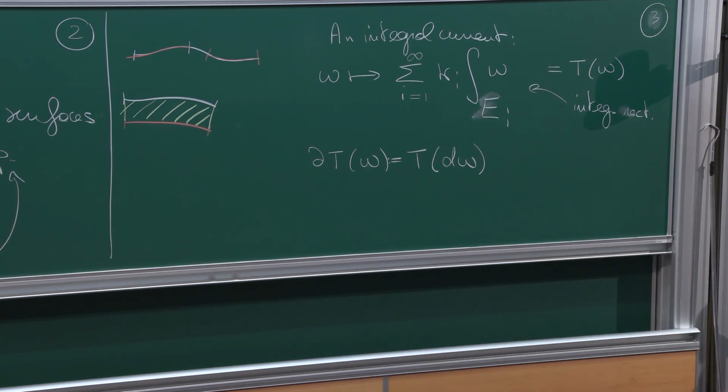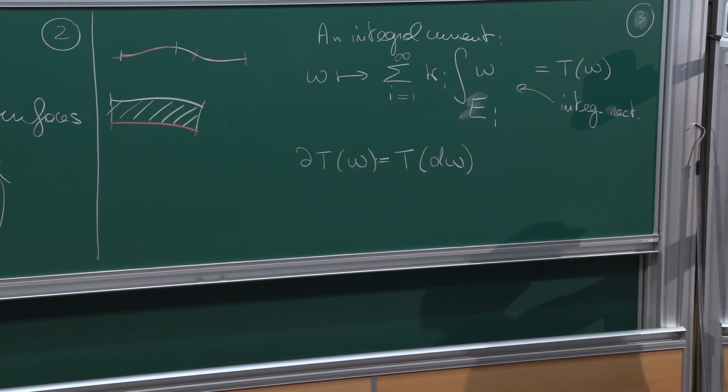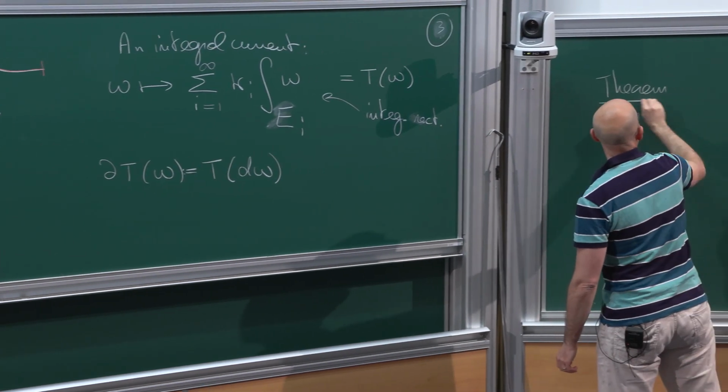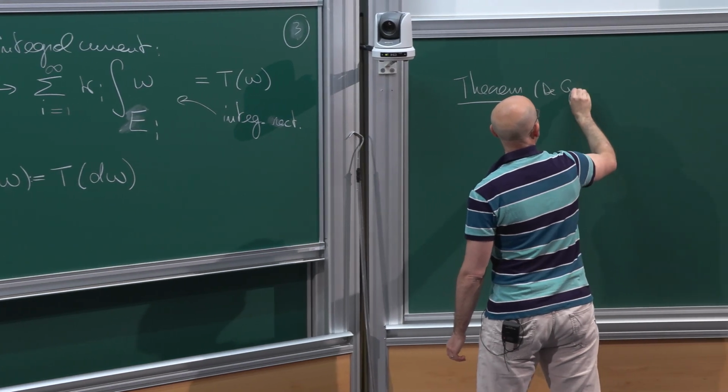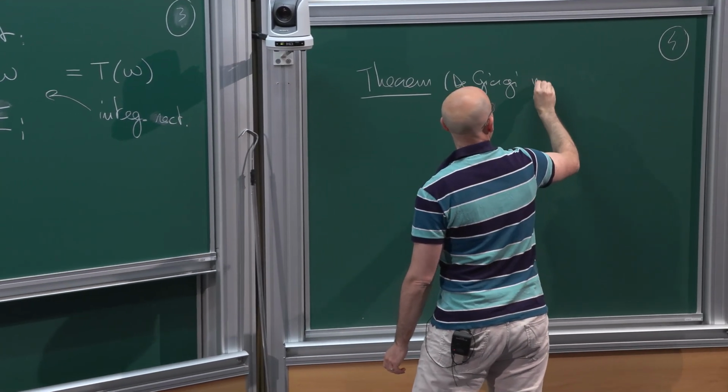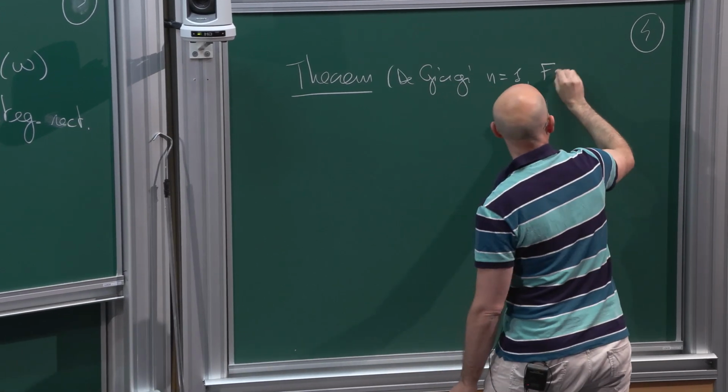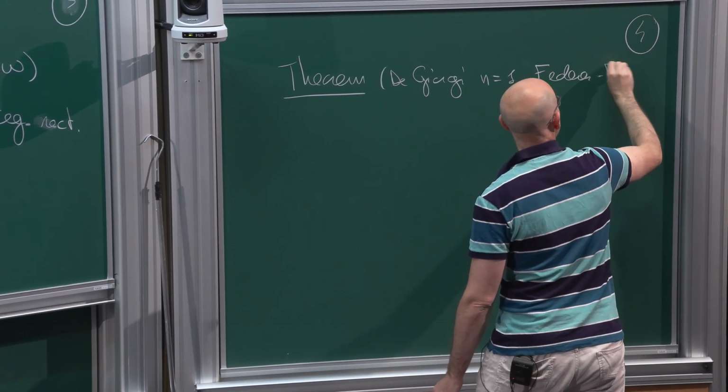here's a fundamental theorem which is due to De Giorgi in codimension 1 and Federer and Fleming in higher codimension.